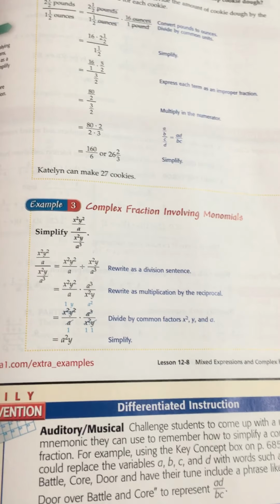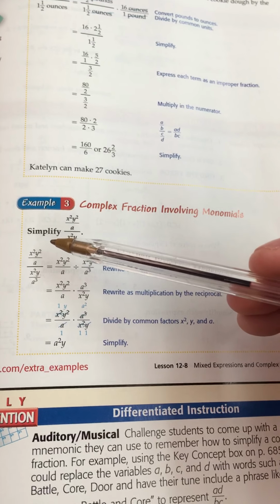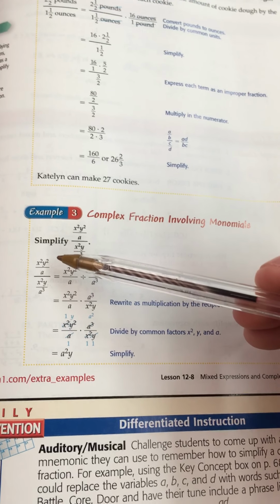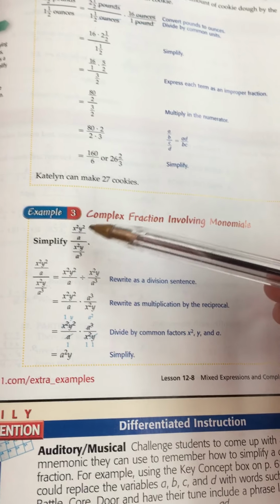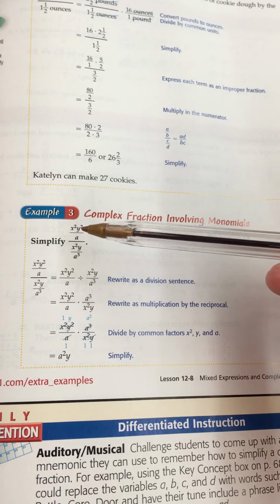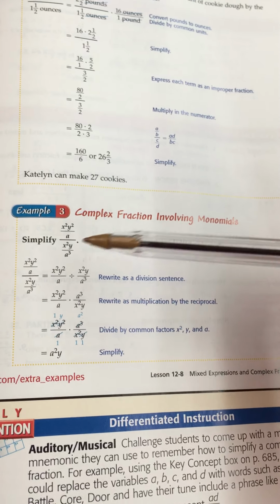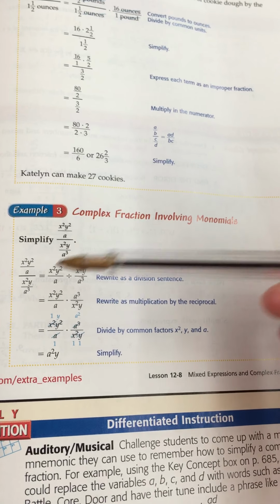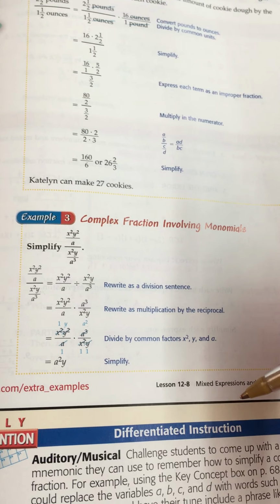So, once again, our great instructions from this book is what? Just simplify, okay? We got, oh my goodness, a complex fraction, it's a big old fraction. So we got x squared times y squared divided by a, divided by x squared times y divided by a to the third, okay?